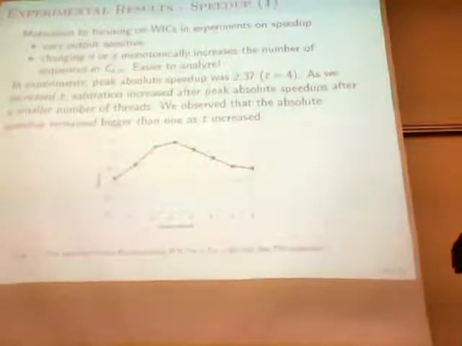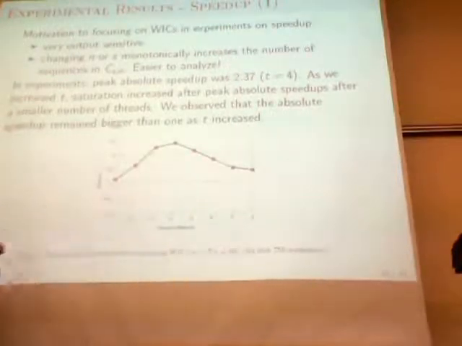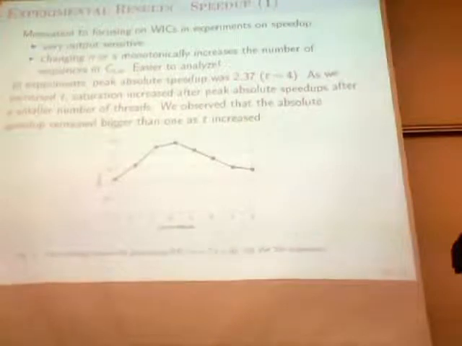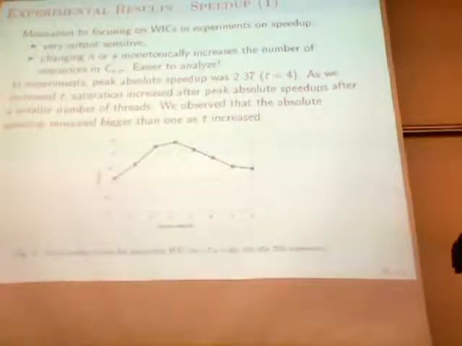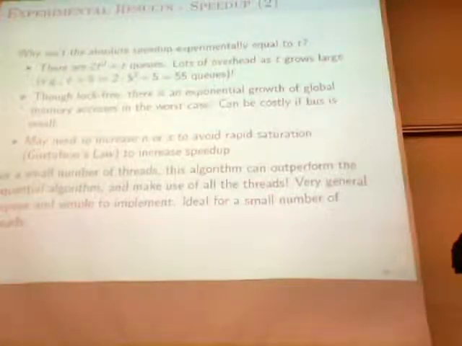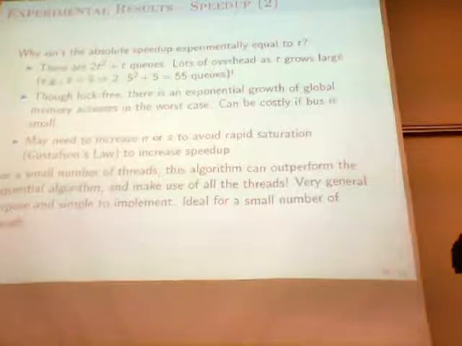The key thing I also want to point out is that this is 90 million, almost 91 million sequences used on this experiment. That's a big number, at least in this domain. It could be even bigger if we wanted to. So the saturation will occur a lot quicker. Why? Because the size of the sets gets rather large, but another problem creeps in. Though lock-free, you get an exponential amount of accesses to global memory. Remember, in a shared memory machine, we have global memory, and all this stuff is being stored in global memory.